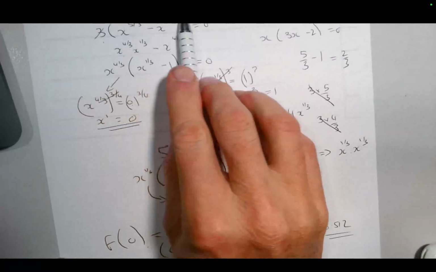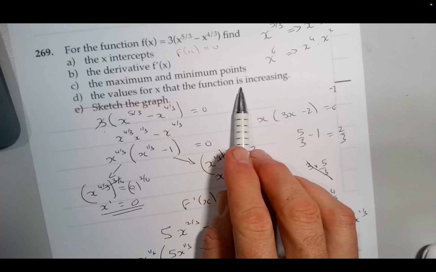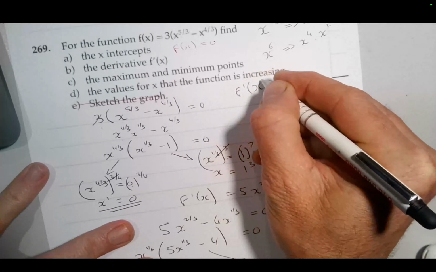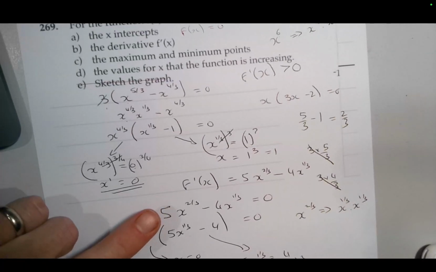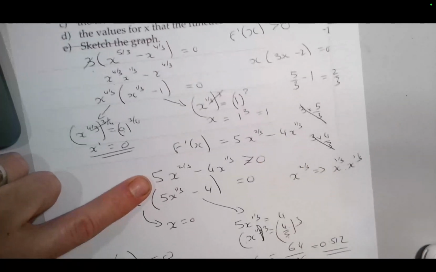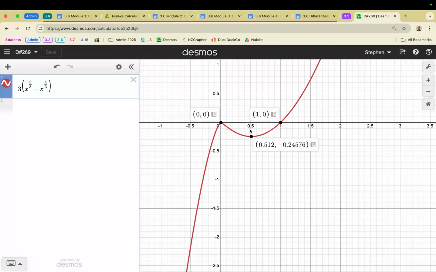And state where the function of x is increasing. So what does increasing mean? Increasing means the derivative function is greater than 0. So our derivative function was this one here, and basically we're saying that's greater than 0. And we can just sort of cheat here.